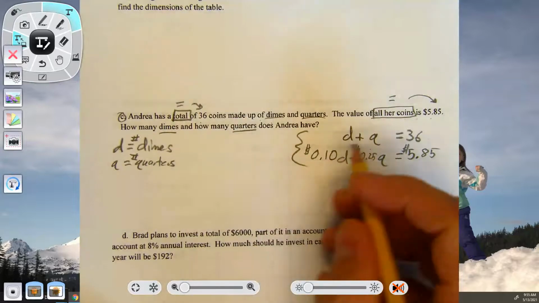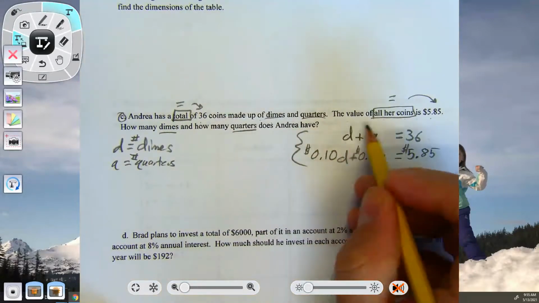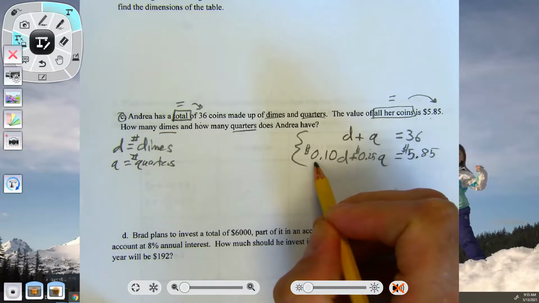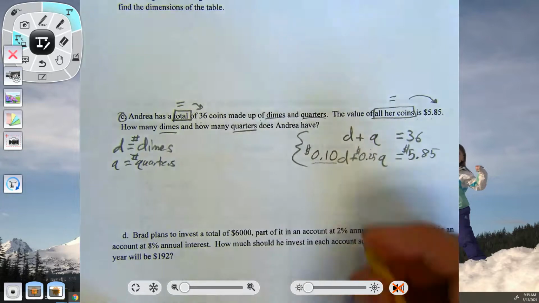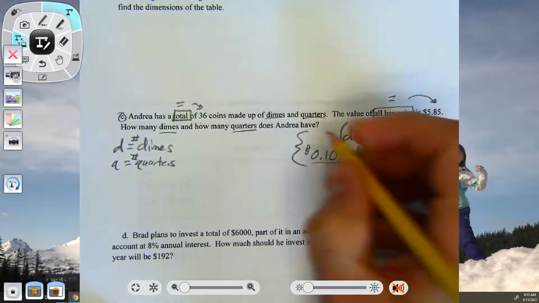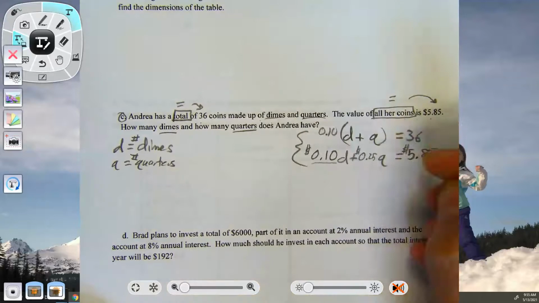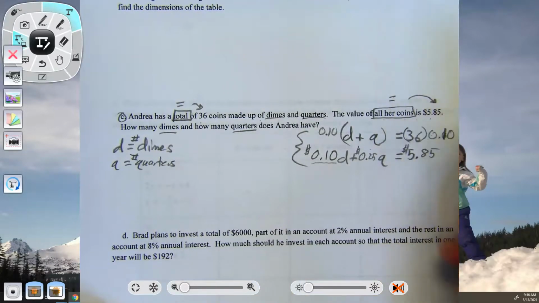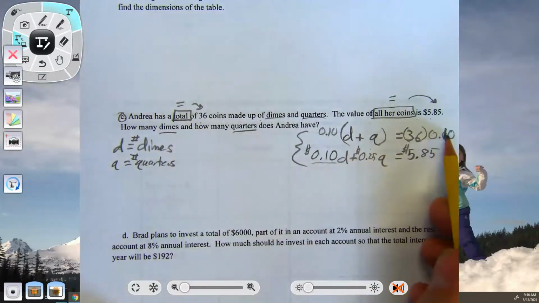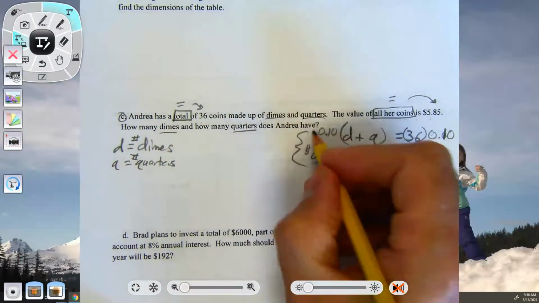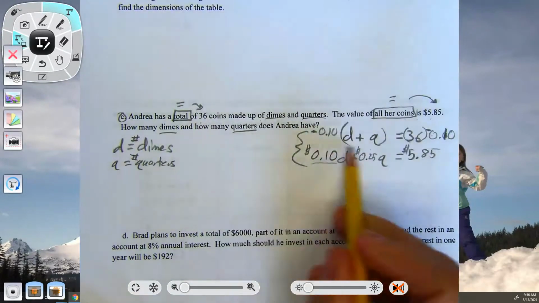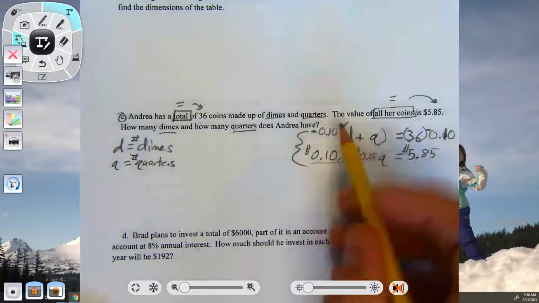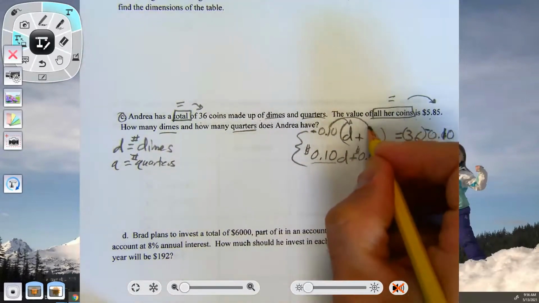And what I'm going to do is multiply this entire top equation by negative 0.10, right? Because if I do that, when I combine these two, the D's will cancel out, right? So here we go. Negative 0.10, and I got to do it to this side too. I'm going to rewrite this entire thing down here after I've distributed this to each term.